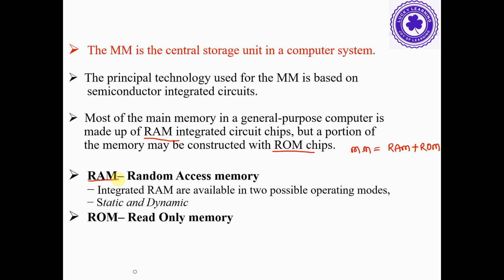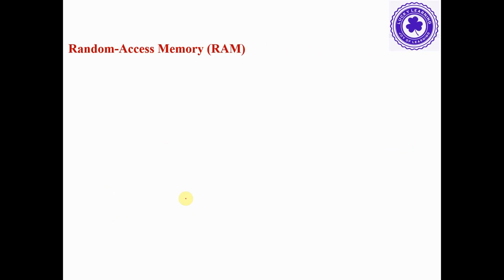As you know, RAM is random access memory and ROM is called read-only memory. There are two possible operating modes for RAM, called static RAM and dynamic RAM. Here we are going to discuss static RAM as well as dynamic RAM.